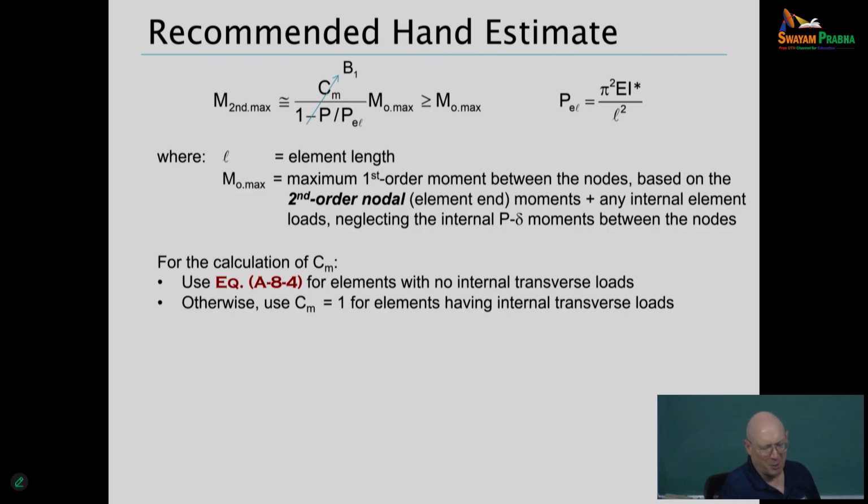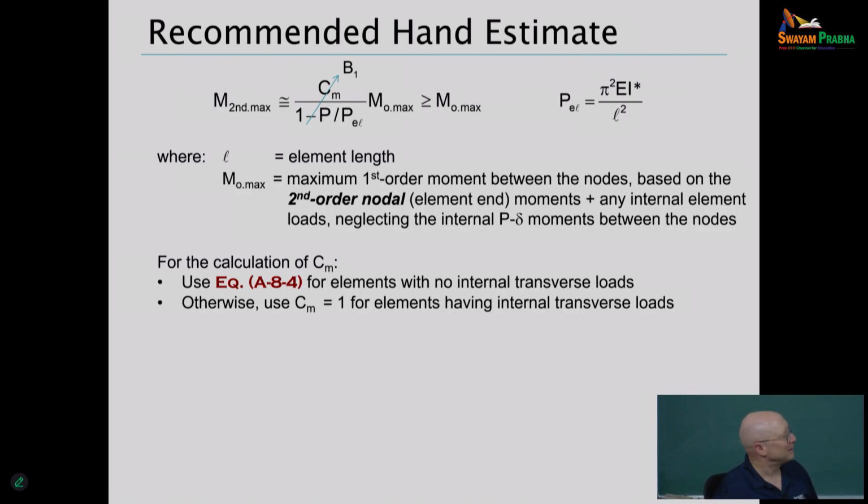Apply the B1 amplifier there: given your second order moments, calculate a Cm based on the moments in your element, now of script L length. You've got a P over Pe script L, so that's just the length of the element.